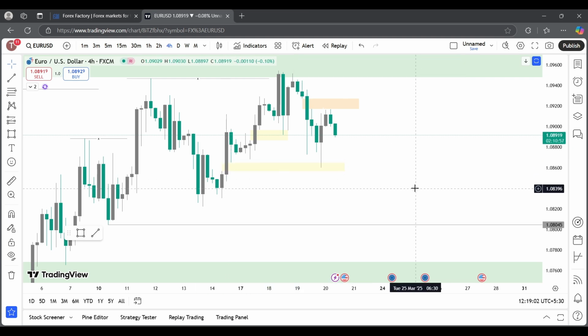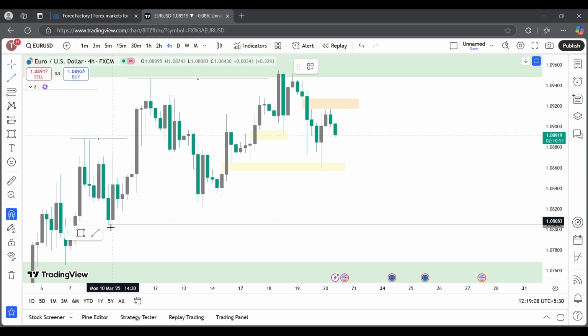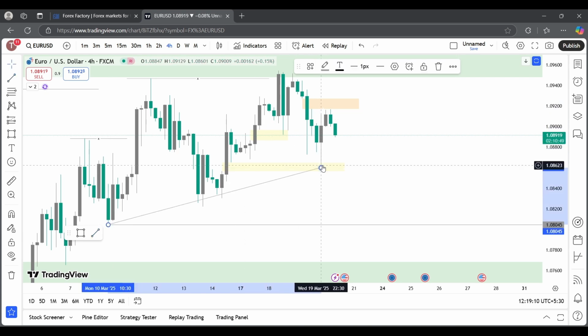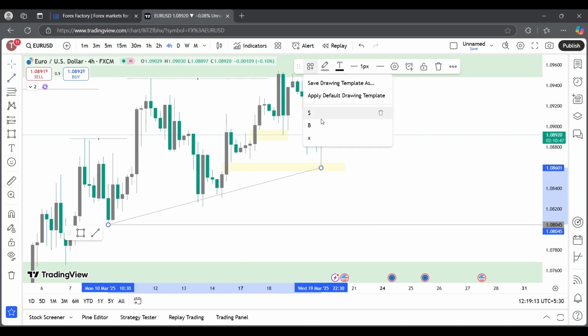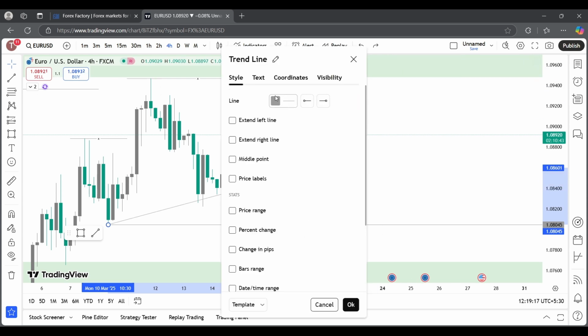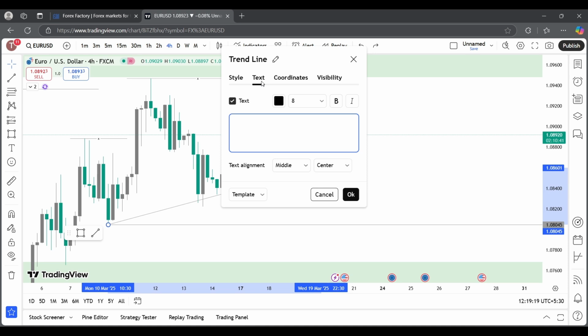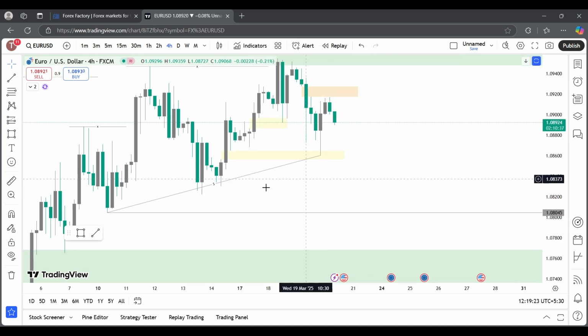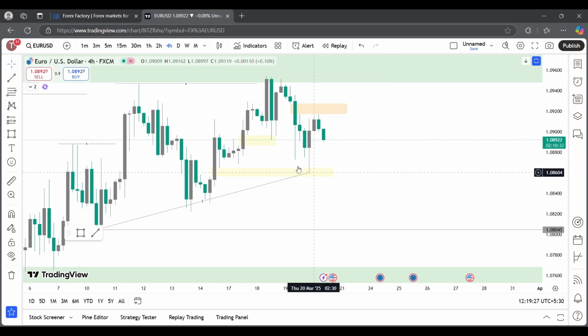Now that we are not having anything unmitigated in the market, all of these things turn into liquidity. Let's mark it like this. This disappeared, so I'll just enter it as a dollar sign. Now that we know that these are all sitting liquidities, we need a point from where the price is going to move to the downward side.